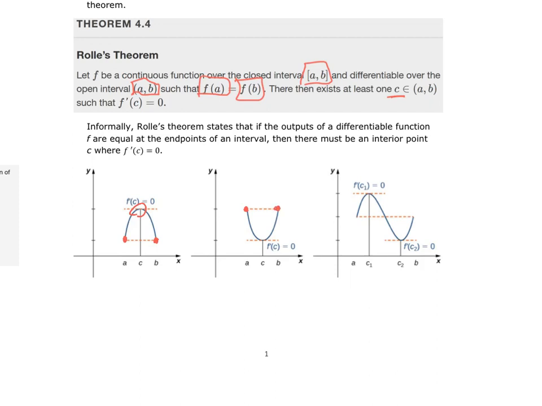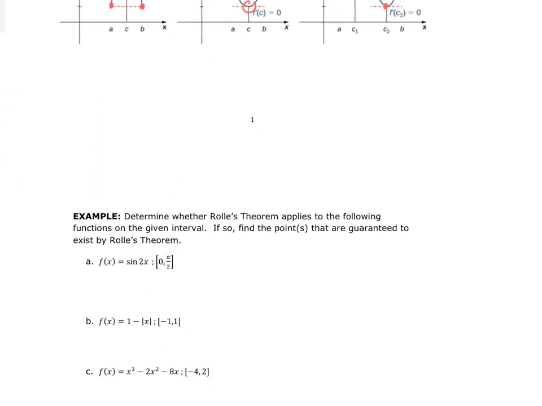My outputs f of a and f of b are the same, and this is my c value in which that's true. Here's another example in which f of a and f of b are the same. In this case, I end up with 2 values of c in which my derivative is equal to 0. So my derivative being equal to 0 doesn't have to be just a singular number. It could be multiple places where this could happen.